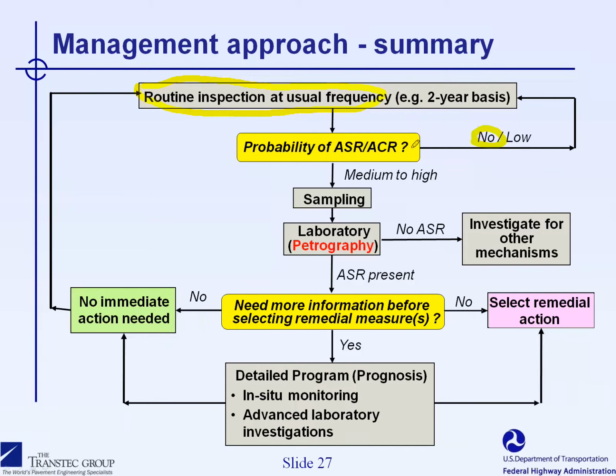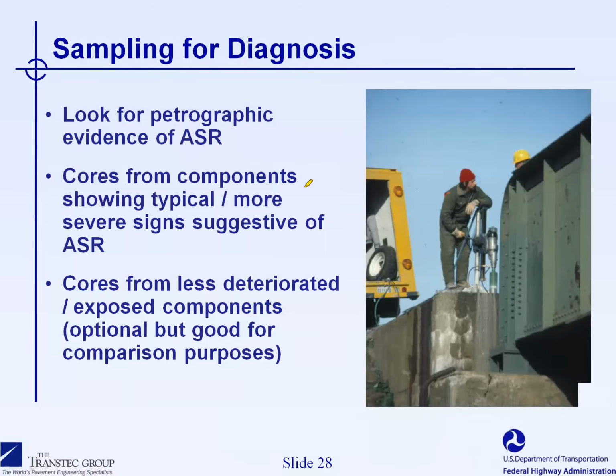If the probability is none or very low that ASR or ACR is present in the structure, then the option at that stage would be to simply go back a couple of years after the first inspection to determine whether there has been any further development of deterioration, and then track the progress of those symptoms of deterioration that were associated to ASR. But if the probability of ASR or ACR is medium to high, the next step is to go ahead with sampling of the concrete structure.